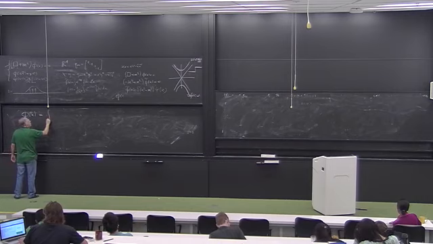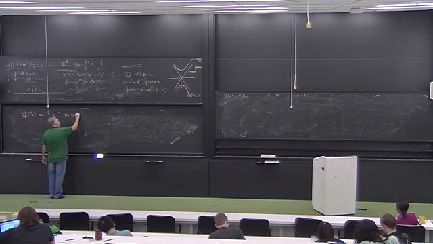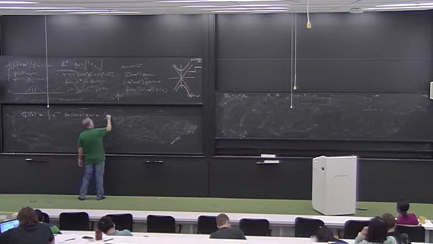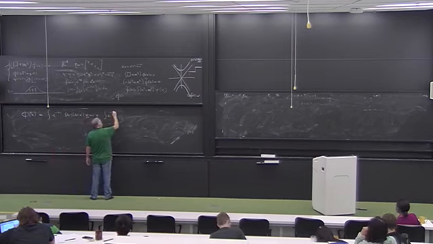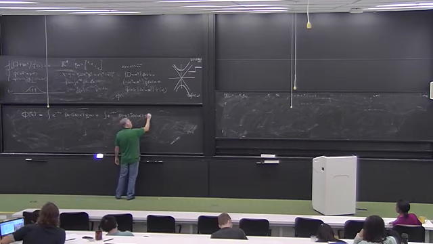One is e to the minus ikx theta of k0 delta of k squared minus m squared times a function c1, plus the component on the backward mass shell times an arbitrary function c2.